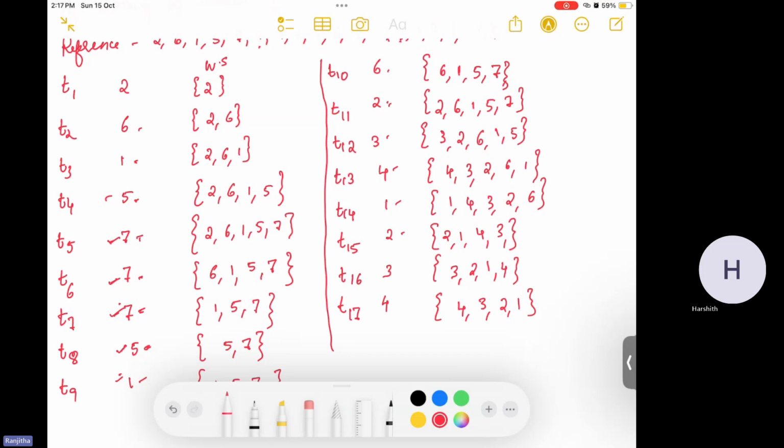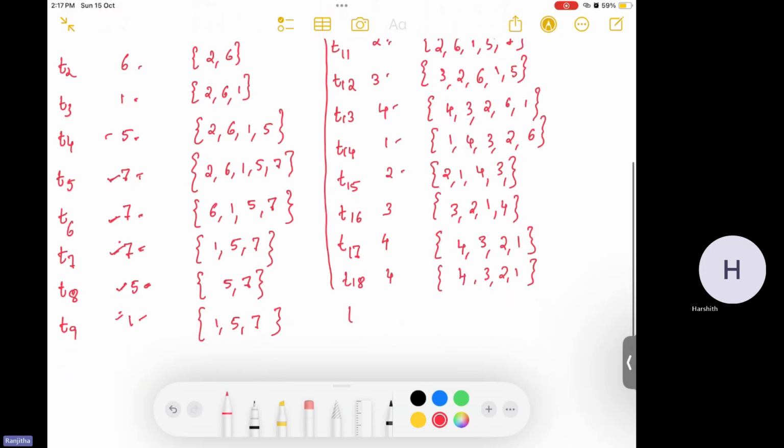At T18, we again access 4. So the working set becomes 4, 3, 2, and 1. At T19, again we access 4. So it becomes 4, 3, and 2.